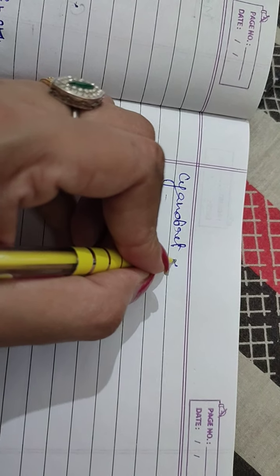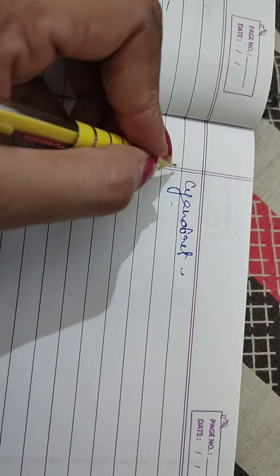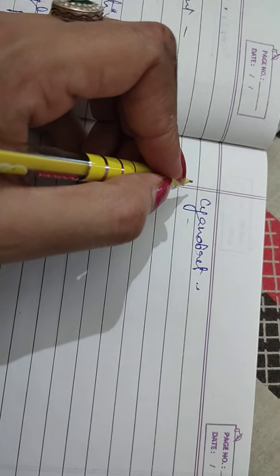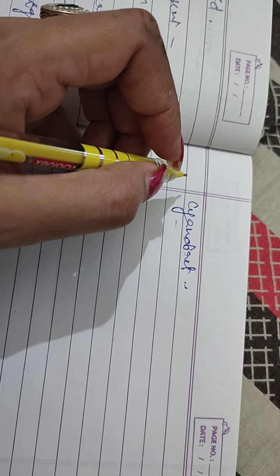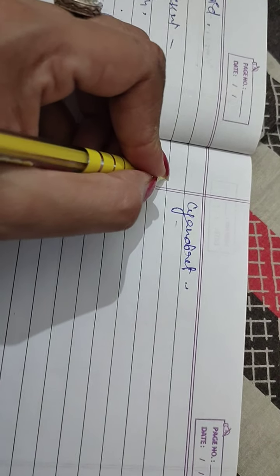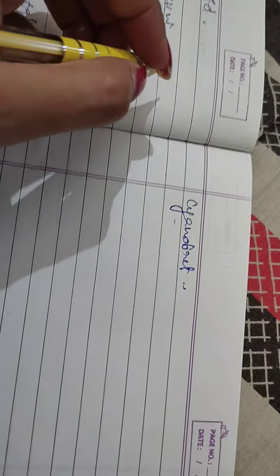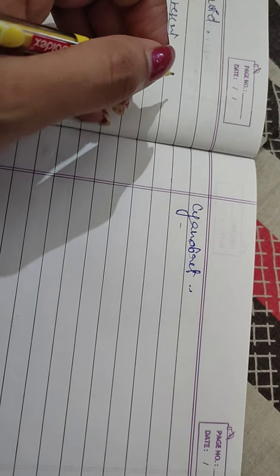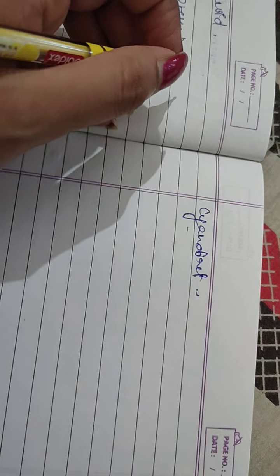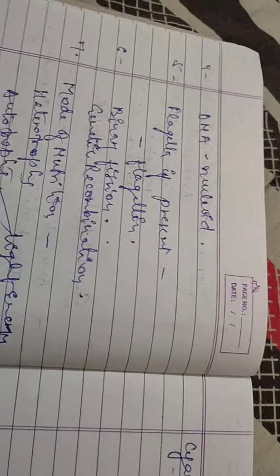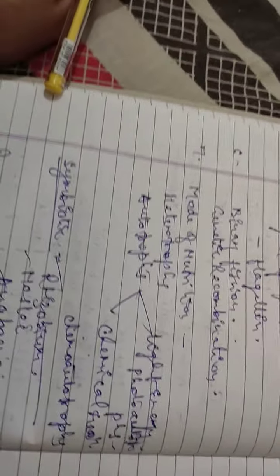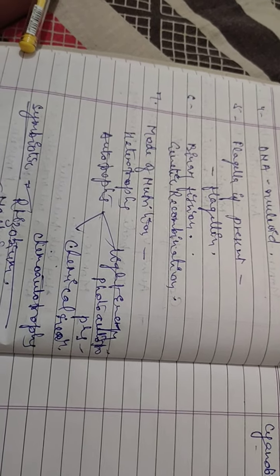So we will discuss in the next video how the cyanobacteria is able to fix nitrogen. And many monerans can cause serious diseases in plants and human beings, and also they are the most important decomposers.